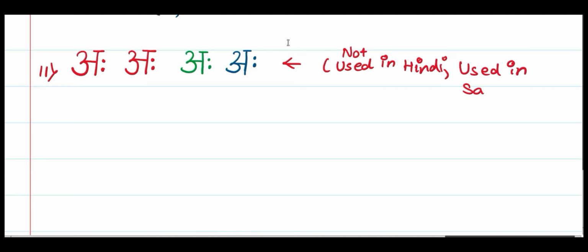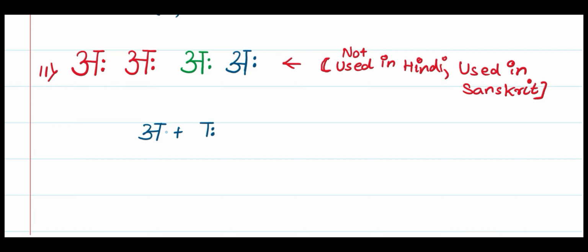But why are we learning it? We have quite a few words in Hindi, so that's why we are learning this. You already know this is the first vowel plus the two dots, which is called visarga. This is called ha.